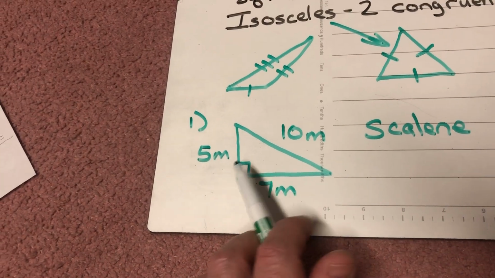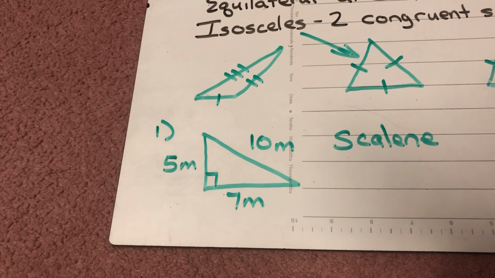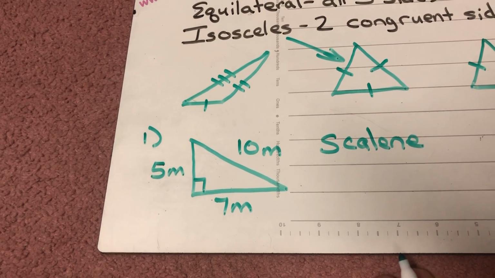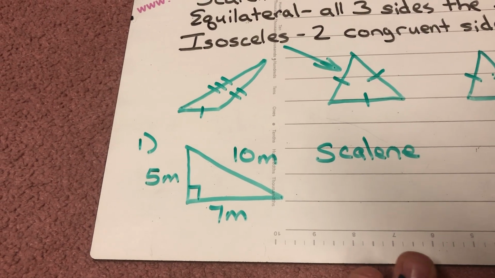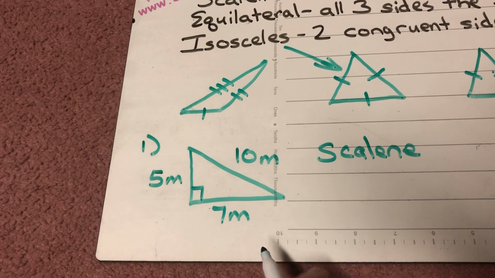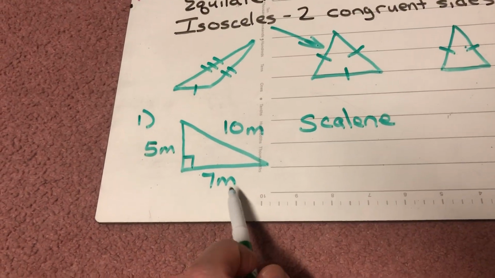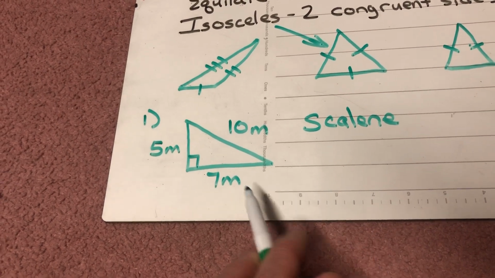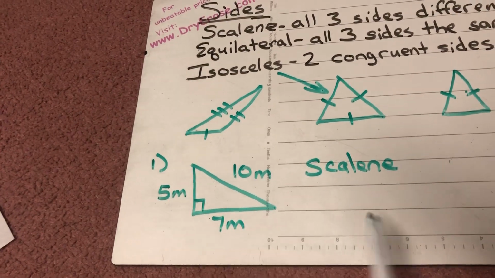I realize these numbers do not actually fit, but for a 5th grade level video where I am just trying to teach the concepts of scalene, equilateral, isosceles, or classifying the triangle by angles, we're just going to go with this. But I do understand that the numbers do not work to fit the Pythagorean theorem, which would be for a right triangle. So all three sides are different.